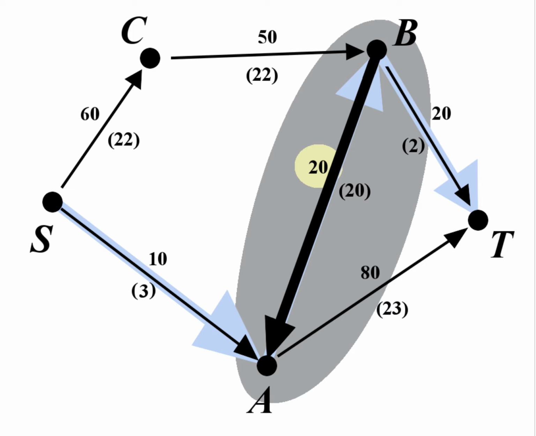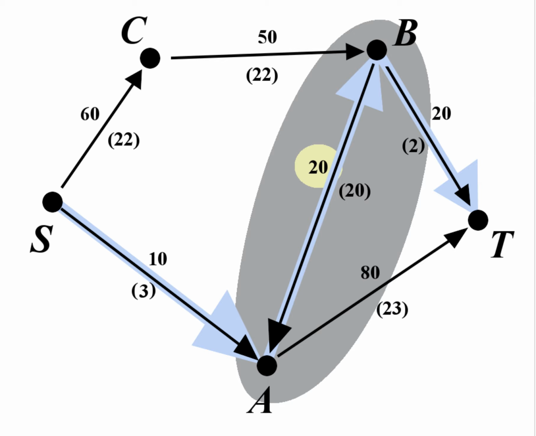They promised to take 20 snails from B to A. And in the current flow, we are actually sending 20 snails from B to A, so the edge is at capacity. But now we can increase the value of the entire flow in the graph by just modifying the values along this blue path.